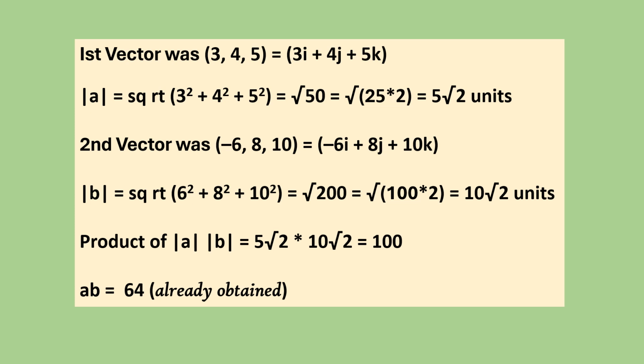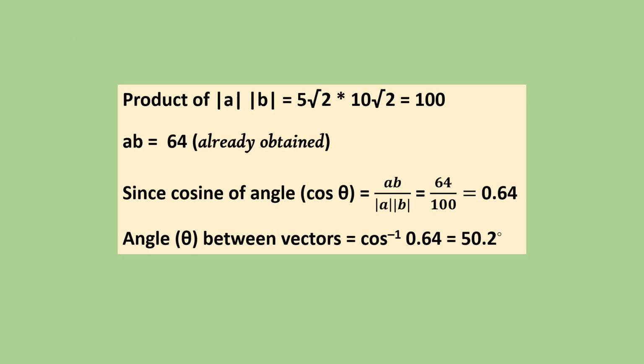And A dot B we have already calculated, 64. So the absolute value of A multiplied by the absolute value of B is 100, and the dot product of A and B is 64. Now we have a very important final thing to tell you about the dot product. We come to the angle between the vectors.